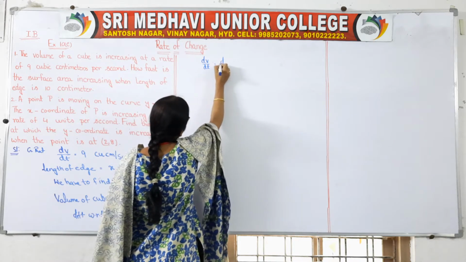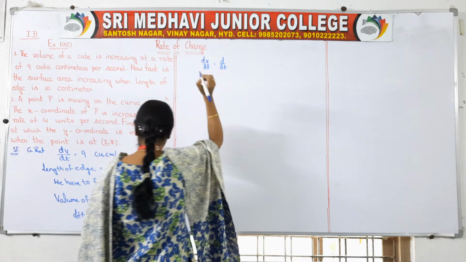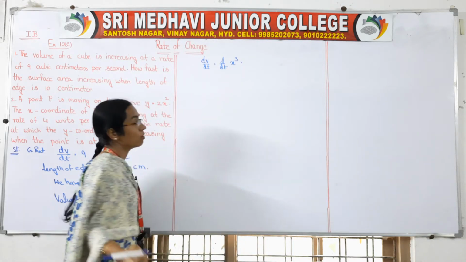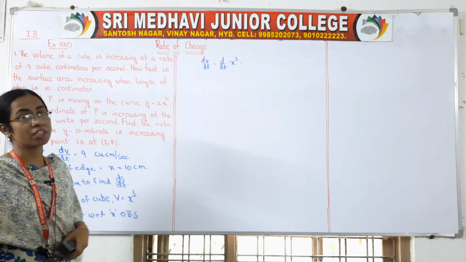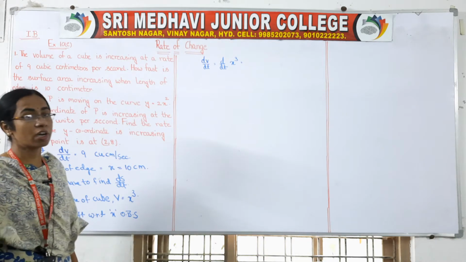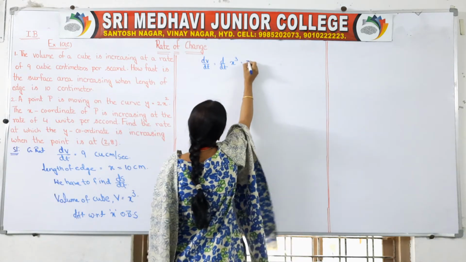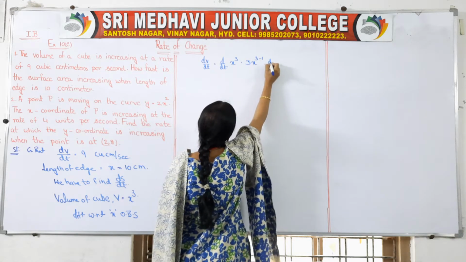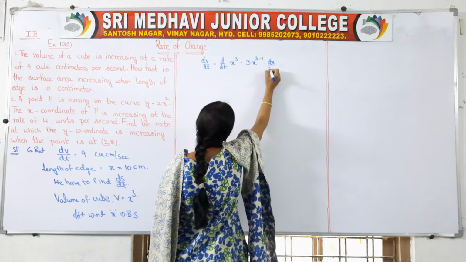dV by dt is equal to d by dt of x cube. So d by dt of x cube, using the x to the power of n form, n into x to the power of n minus 1, is 3 into x to the power of 3 minus 1 into dx by dt.